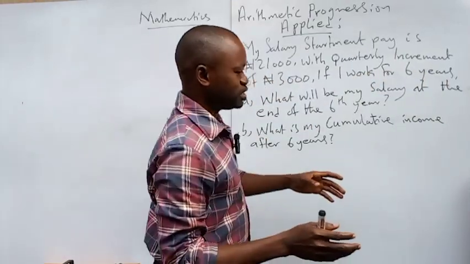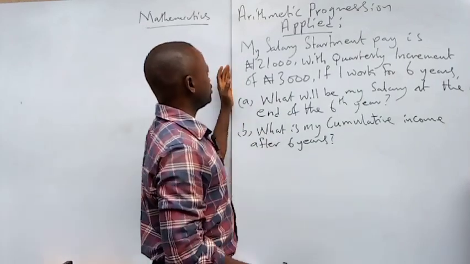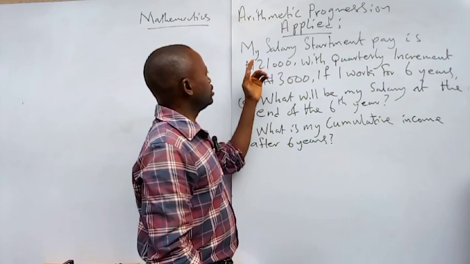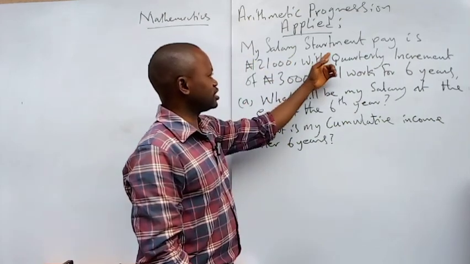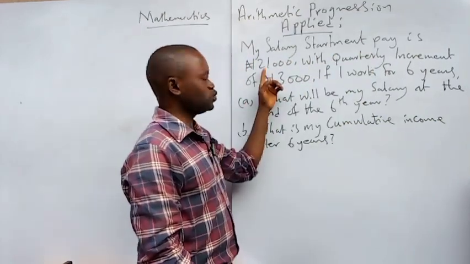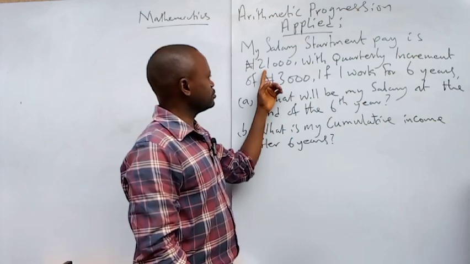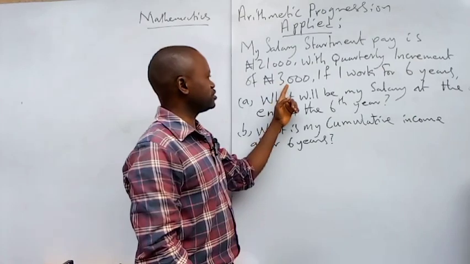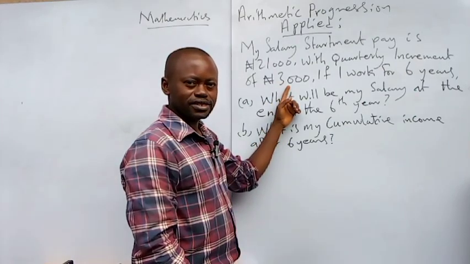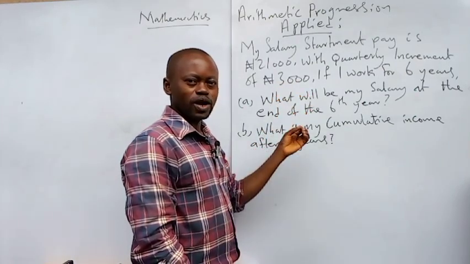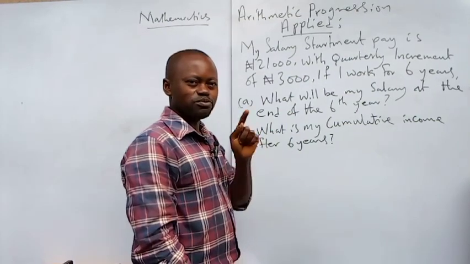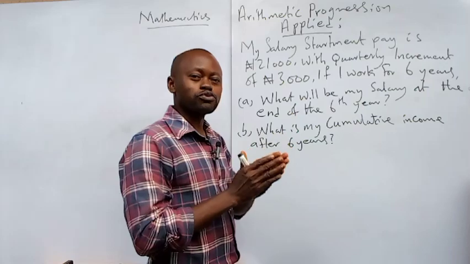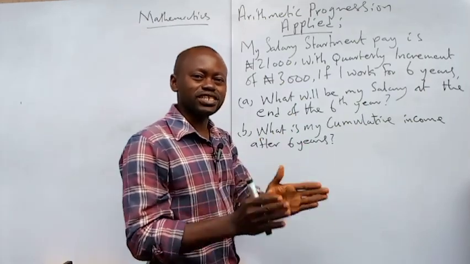Now, someone sent me this problem. Look at it with me. My salary statement pay is 21,000 naira with a quarterly increment of 3,000 naira. Why do we look at this? You apply it to your own. After this, you can calculate your earnings for proper budgeting and expenditure.